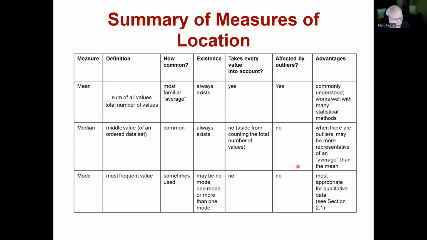That's a particular case where the mode can be useful, where the mean and median aren't particularly applicable, but the mode, what's the most common category of something, cell phone that somebody has, right? In that particular case, the mode might be useful.